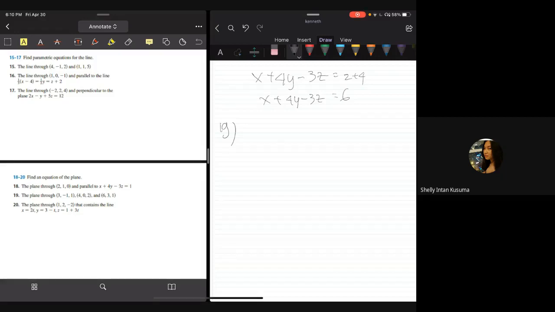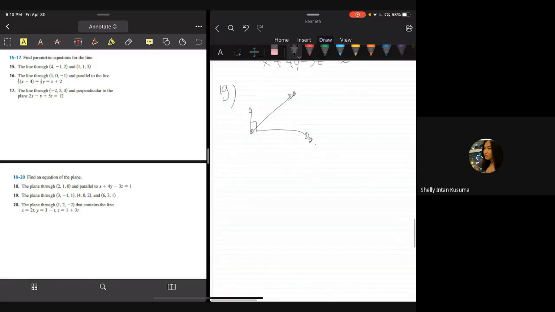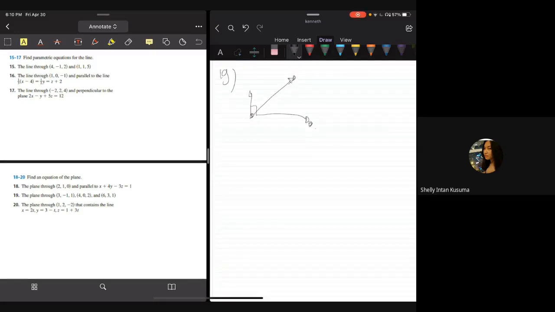Okay, for number 19, we can get 3 points here. For example, this one. So if we can get the two vectors here crossing each other, we can get a normal vector of the direction for this one. So we can just use any vector that you want, but on the same point here.